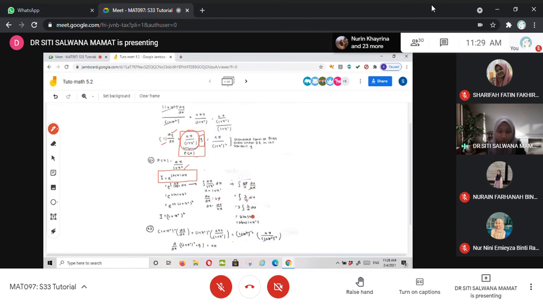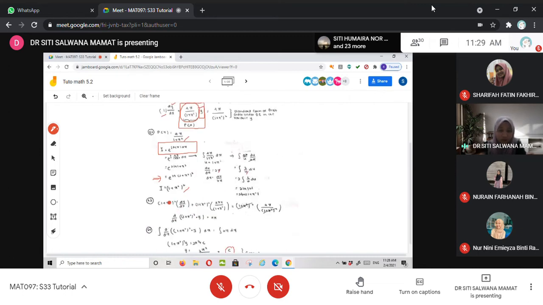Then you integrate this, you get this. So here you get 1 plus x square, everything to the power of 2. So this is your integrating factor. Here we apply the rule of exponent. Now that you have this integrating factor, you multiply again with your standard form.